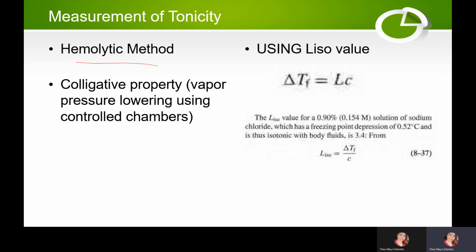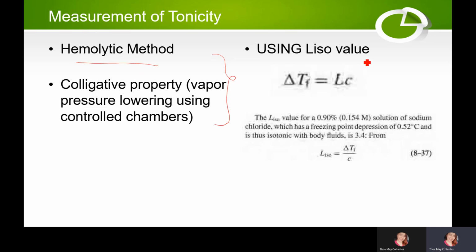They have their own chambers, thermal, and then depending on how much vapor pressure is obtained. There is a standard, guys. For example, if my vapor pressure is lowered by 2 degrees, it means that this is isotonic. So somehow, like that. Okay? The same goes for freezing point depression. These are traditional methods that are seldom used.